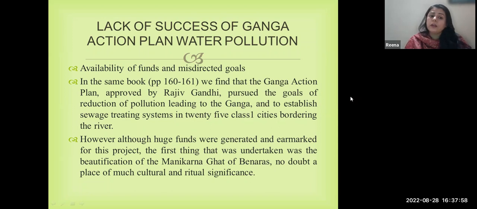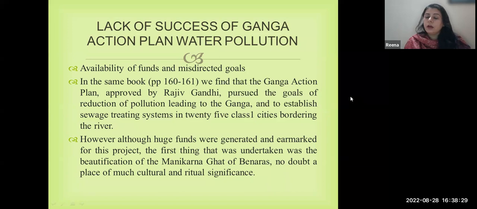And then even after implementing and constructing STPs, the pollution could not be controlled due to lack of maintenance. Okay, so the maintenance and operational capability of these STPs was again compromised, which led to a fallout in the achievement of the standards which were designed for these STPs.